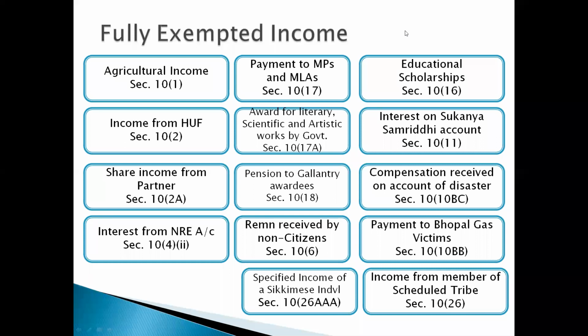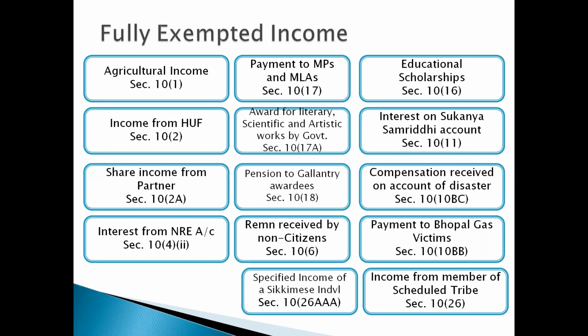Now, regarding the other exemptions available, please do go through them at your end because it is just a plain reading of English to have a better grip. For example, if you see Section 10(26AAA), which is specified income of a Sikkimese individual, three types of income are exempt.